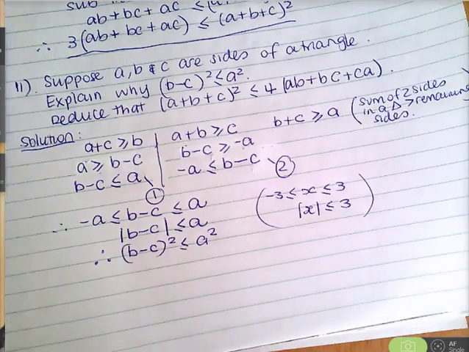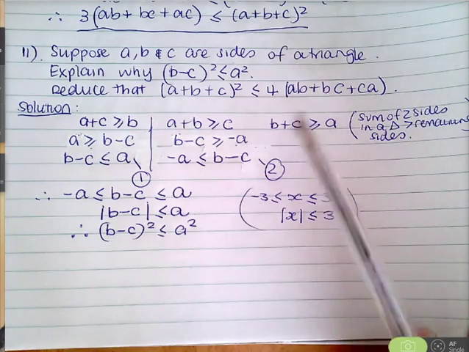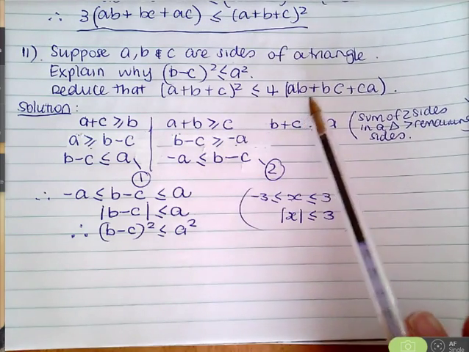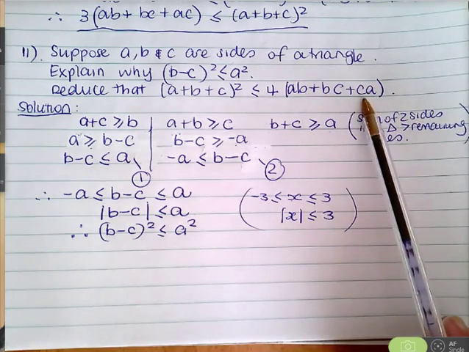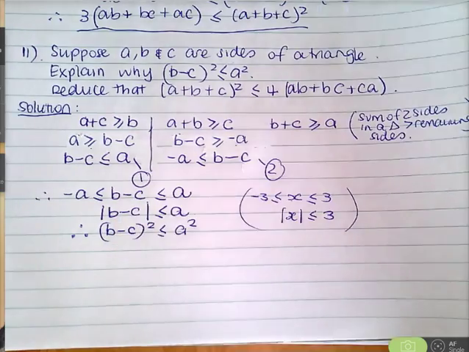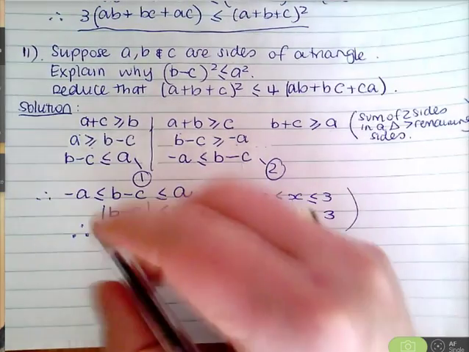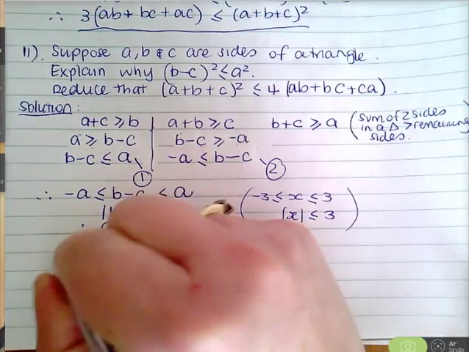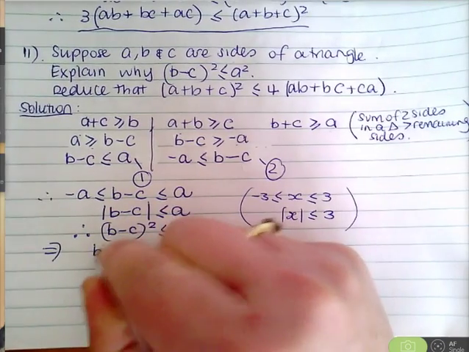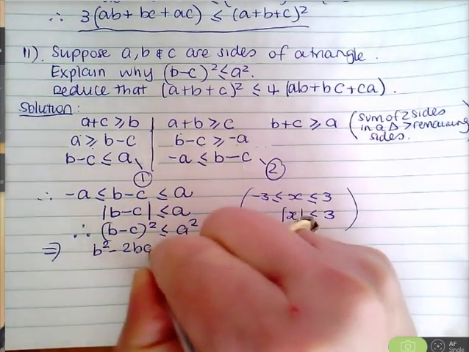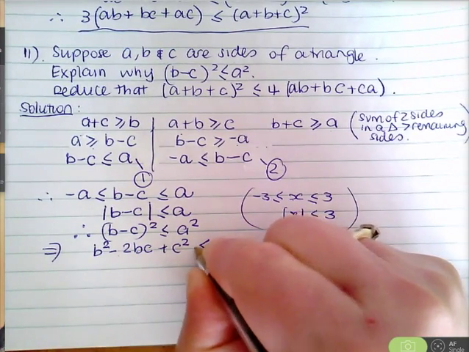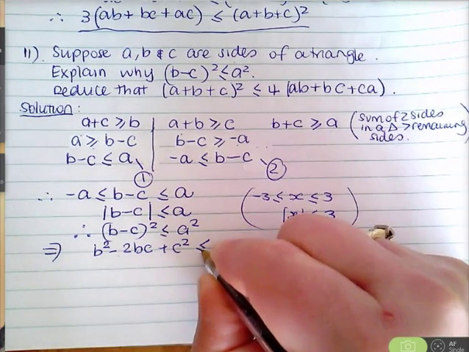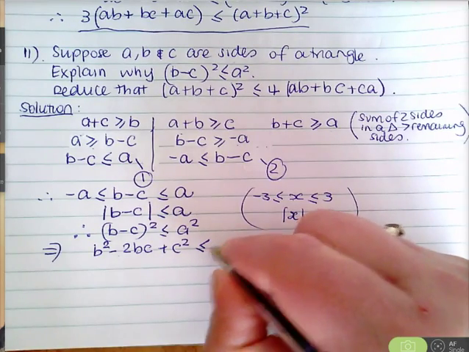Now we're trying to come up with this expression here, 4 lots of AB plus BC plus CA. What we can do with this is to just expand this. Okay, so if we expand that, we would get B squared minus 2BC plus C squared is less than or equal to A squared.